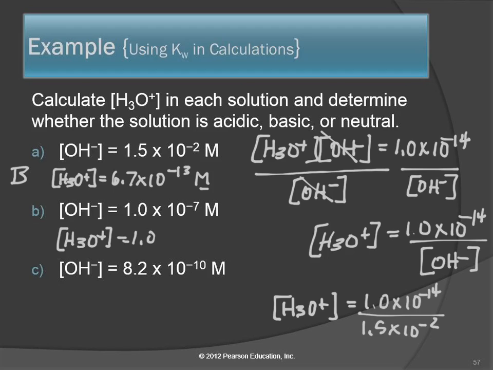When they are equal at 10 to the minus 7, that's neutral. How about the one on the bottom here? You can't eyeball that one, so 1 EE minus 14 divided by 8.2 EE minus 10.